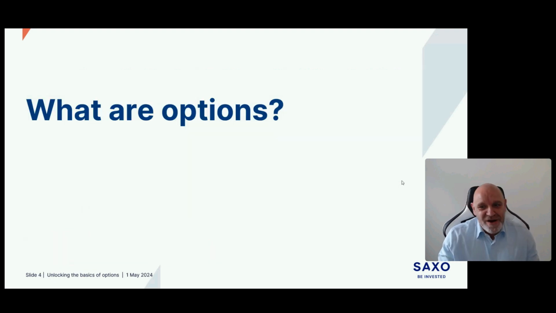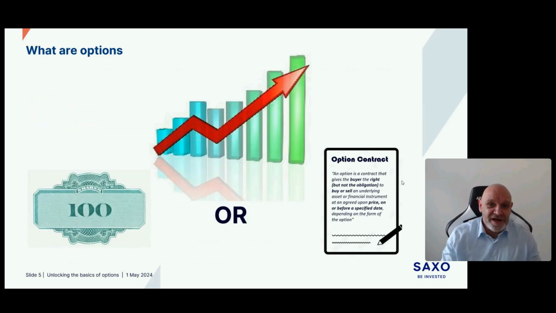Okay, what are options? Well, options are a derivative. Unlike a stock or a currency or an index, those are real assets, and an option is a derivative. It's a contract. It's not something physical.